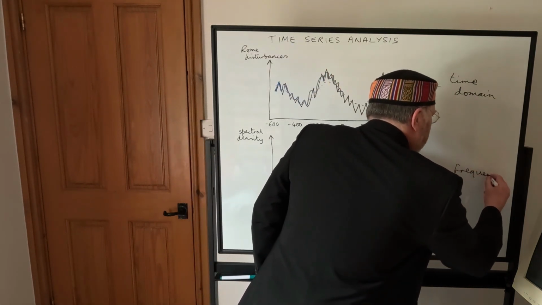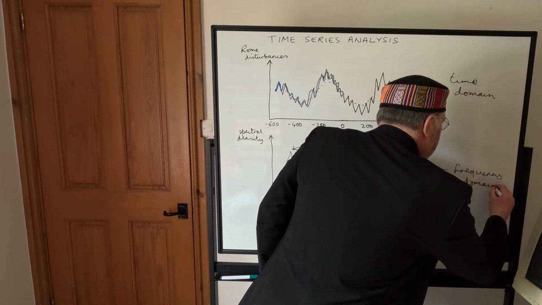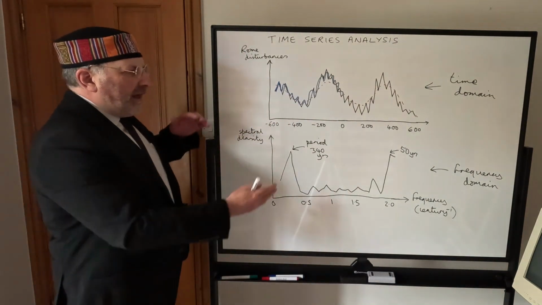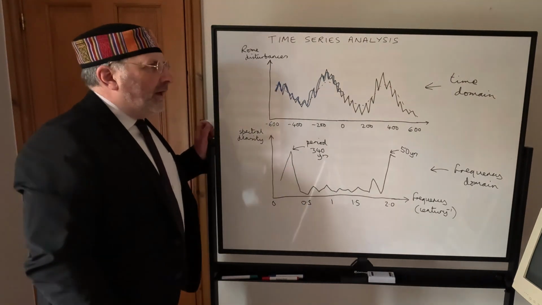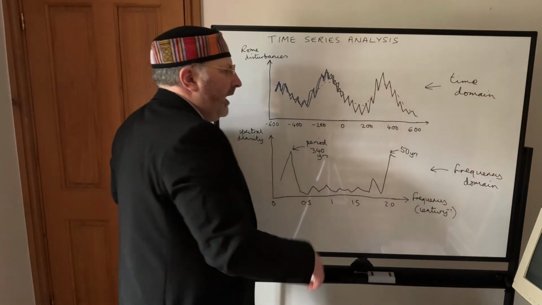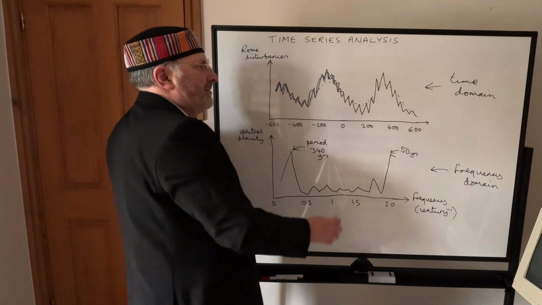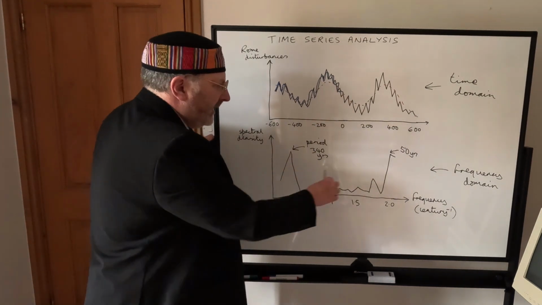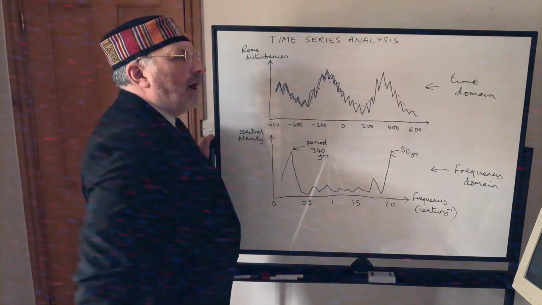So this is said to be the frequency domain. But the point is that they carry the same information, just presented in different ways. And as we can see, the frequency domain is more useful from the perspective of finding the patterns in the data. The time domain paints a pretty picture, but the frequency domain gives us what the regularities in that time signal are.